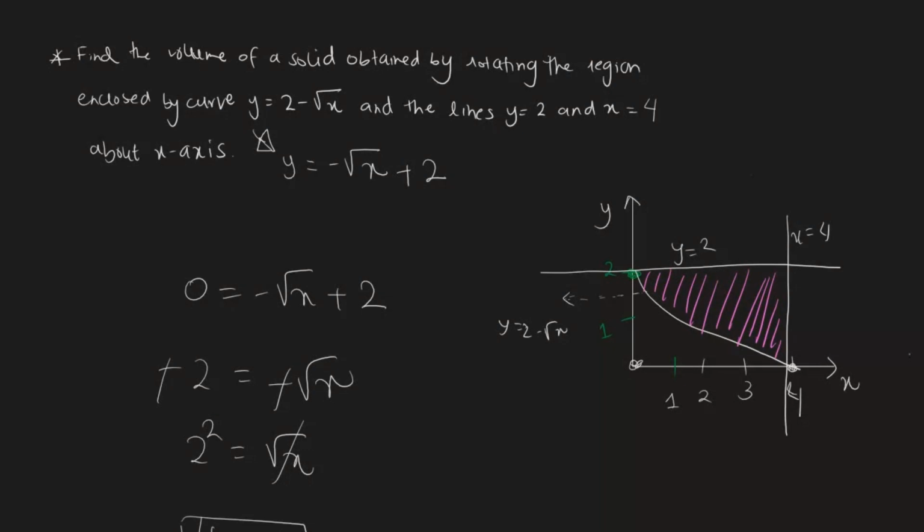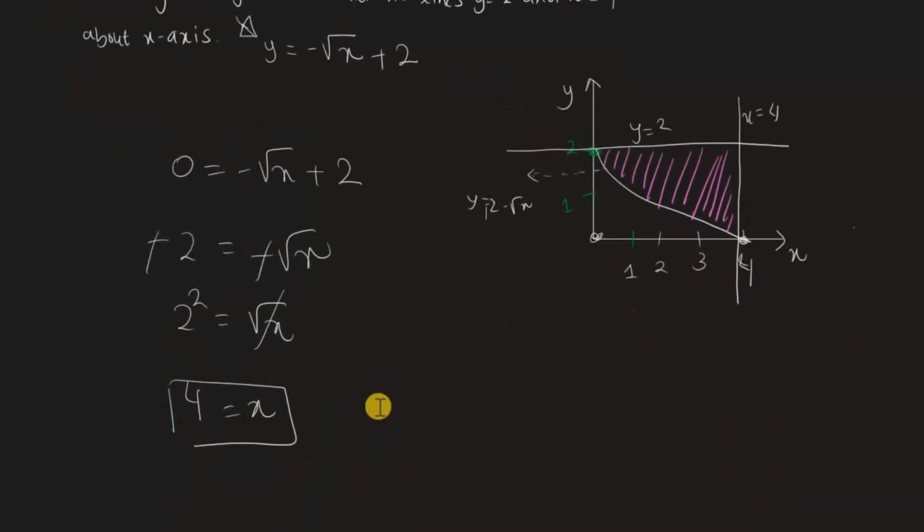Okay, so next our problem is to find the volume of a solid. For this we're going to use the washer method, which is simply to subtract the outer radius minus the inner radius and then integrate it.